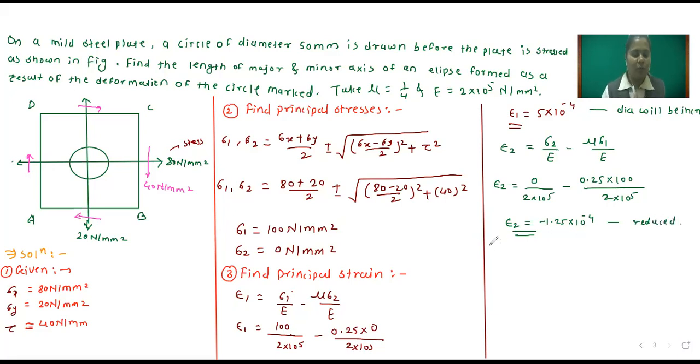So accordingly now we will find out the diameters. So because of epsilon 1 the diameter will increase. This plus value indicates the diameter will increase.